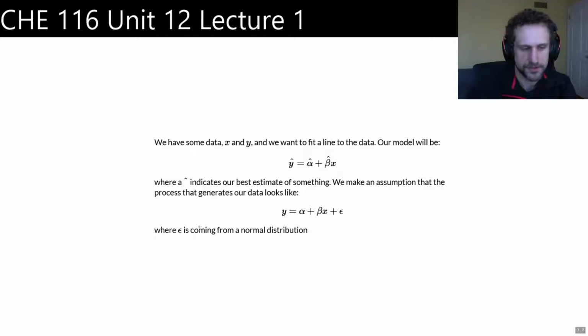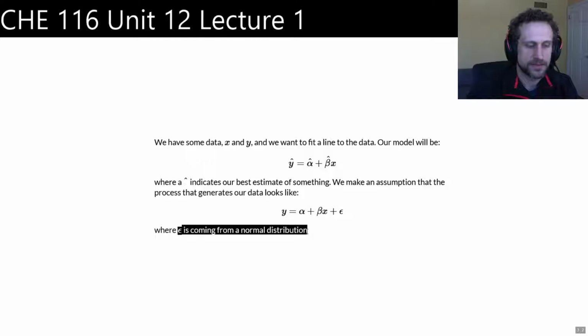Now we're going to assume, this is an assumption, that how our data deviates from a perfect line is coming from a null distribution. We'll talk later about how to test that assumption. We usually test it after we fit our equation. But this means that our data is basically deviating from this perfect linear equation by a normal distribution.